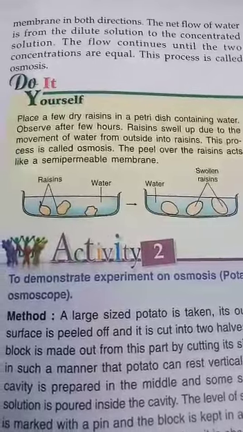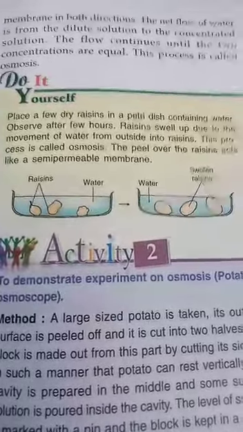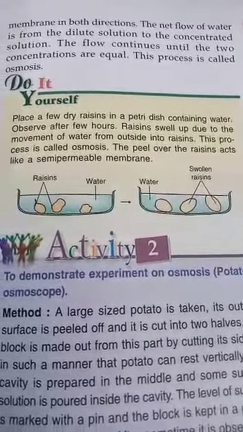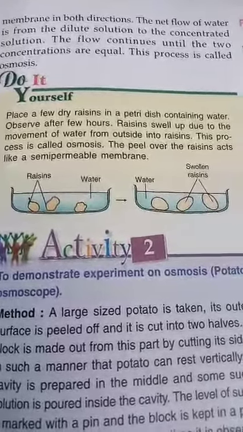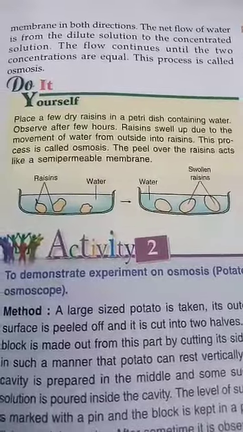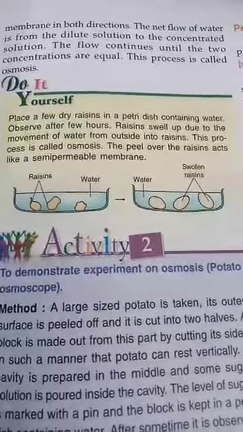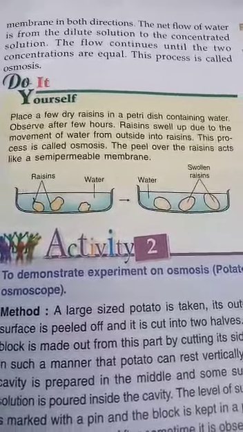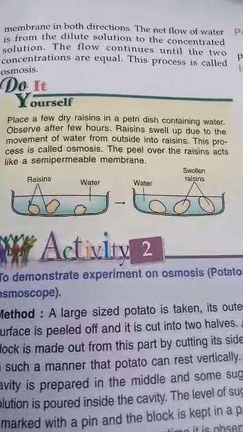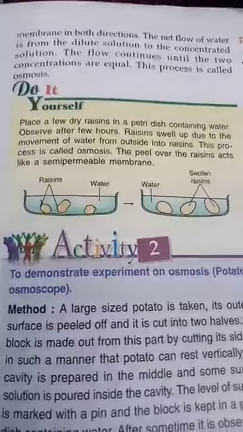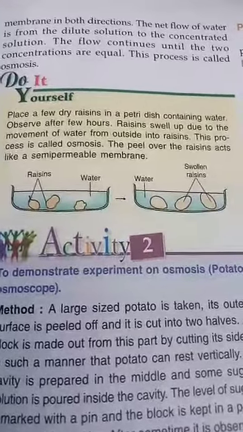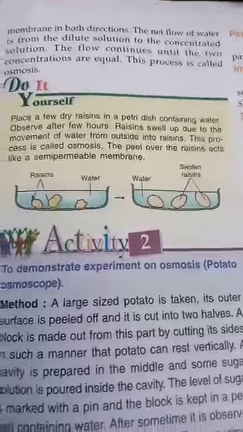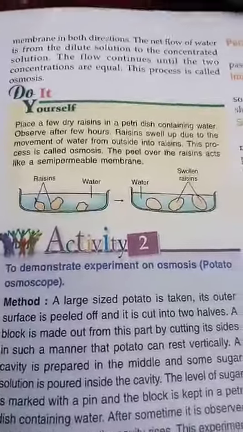The soil is the dilute solution, and the solution inside the root is the concentrated solution. So it is a movement of molecules from dilute solution to the concentrated solution. The flow continues until the concentrations are equal, until the amount of molecules is equal in the root hair as well as in the outside soil. This process is called osmosis.